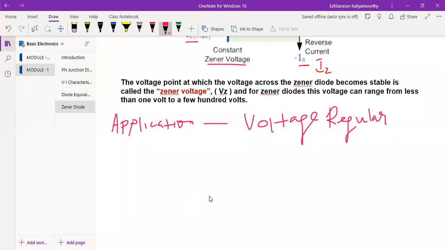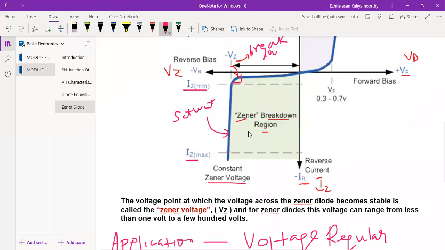Now here, one more thing we need to say about this is the location of the Zener region. This region can be controlled by varying the doping level.